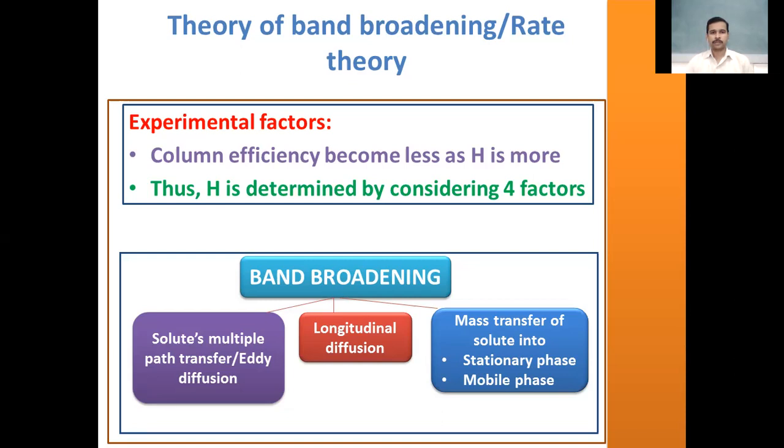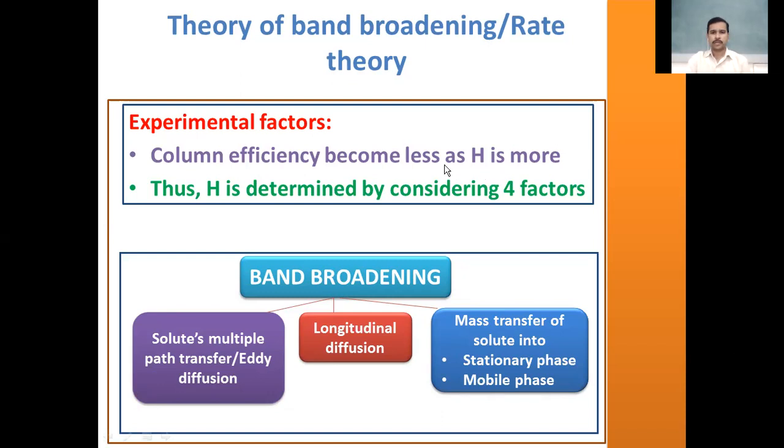If the number of theoretical plates for those imaginary units is less, definitely there will be a higher height of individual theoretical plate. So this lowers the column efficiency. Column efficiency will become lesser as the H value becomes more.